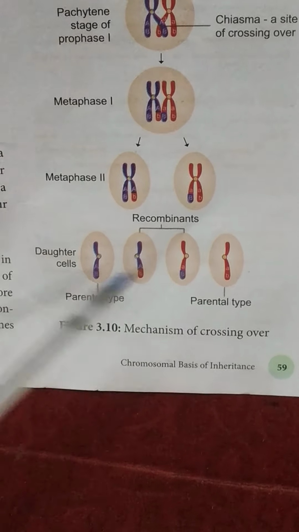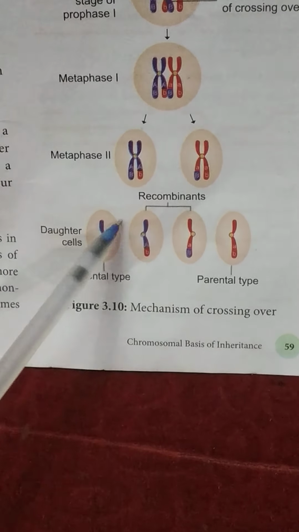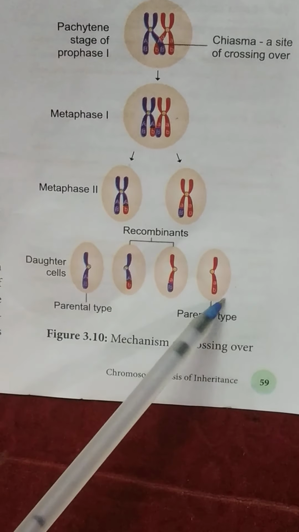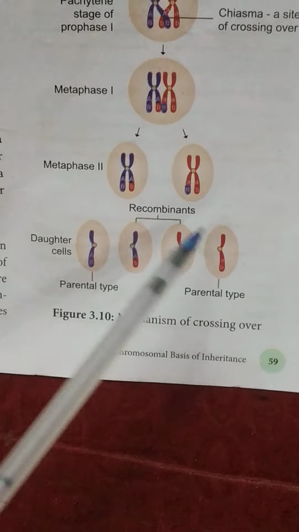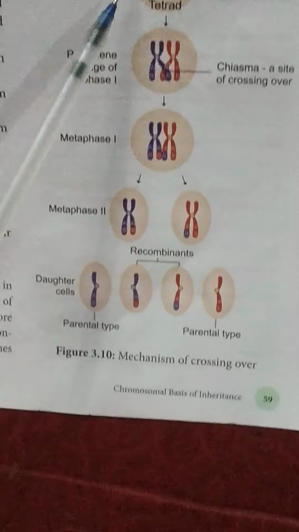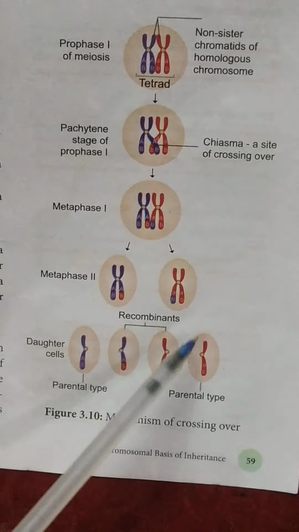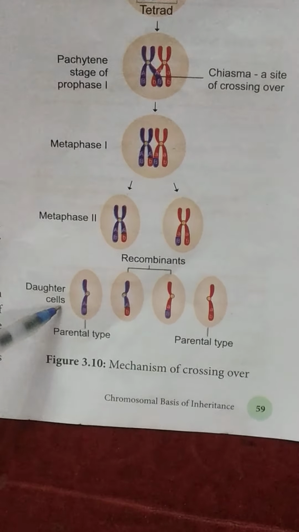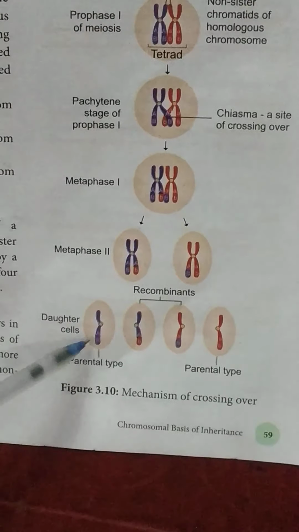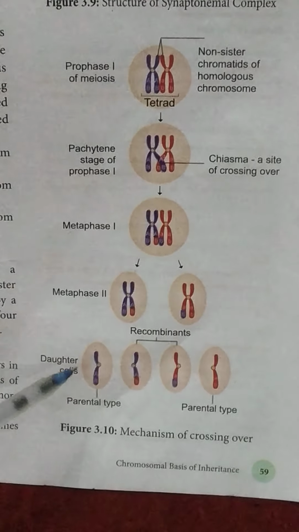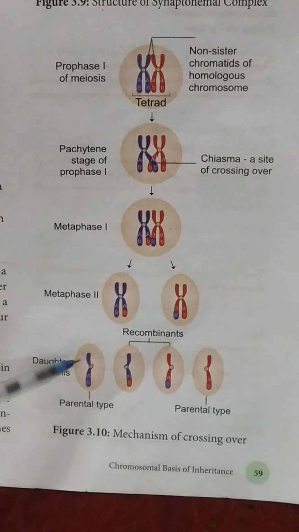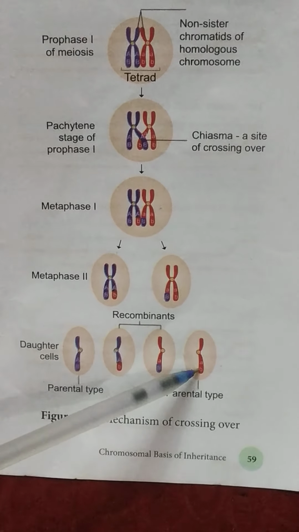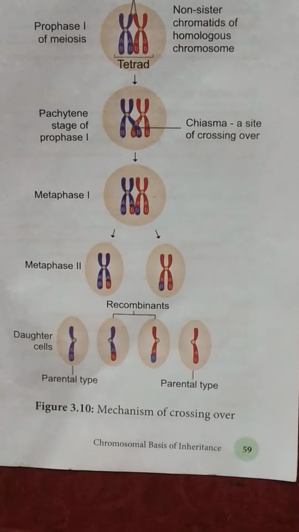The first daughter cell and the last daughter cell resemble the parental type, the parental chromosome. They receive a single chromatid from the parent. So the first and the last daughter cells are called parental type because they resemble the parent.